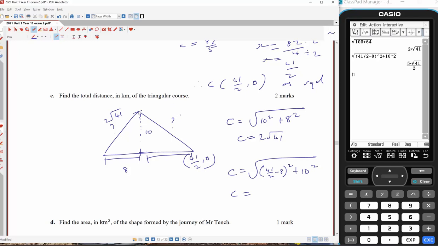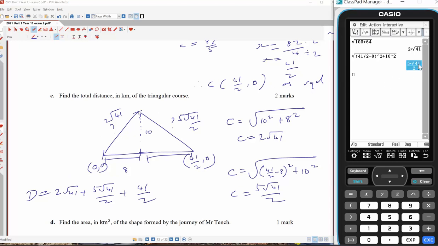So that's going to be 5 root 41 on 2. And this length here we know in total because that's the origin, 0, 0, it's just going to be 41 on 2. So we're going to say that distance is equal to 2 root 41 plus 5 root 41 on 2 plus 41 on 2.